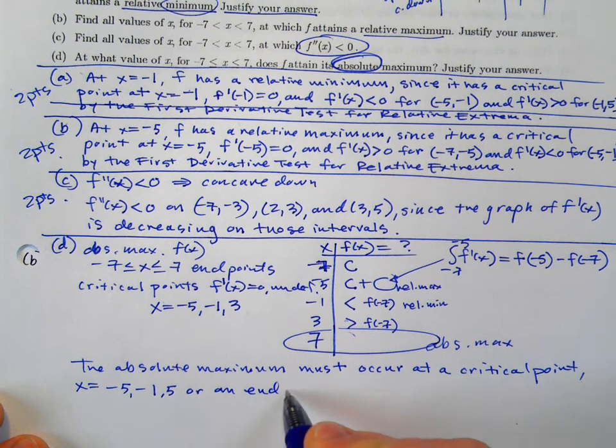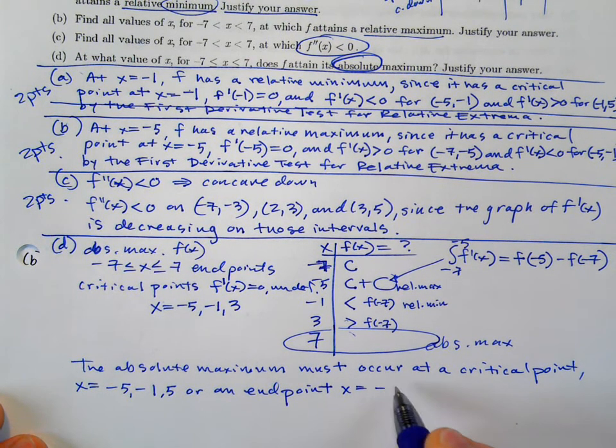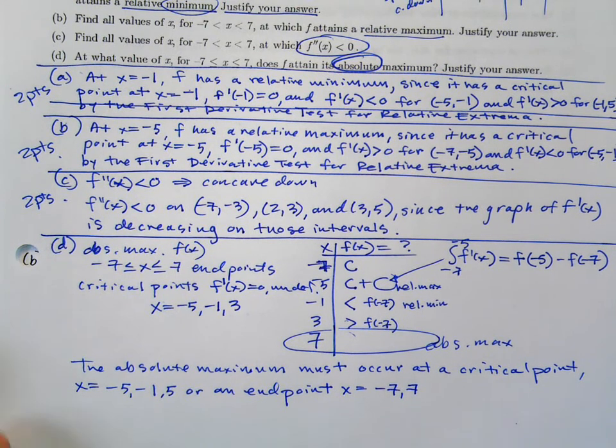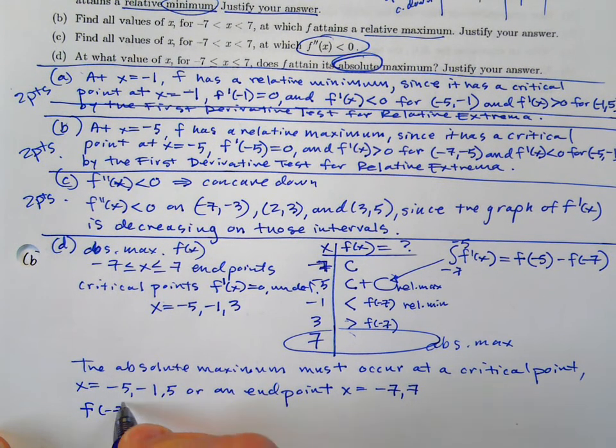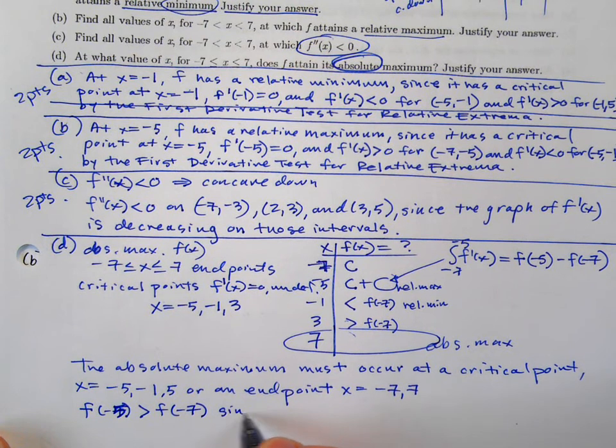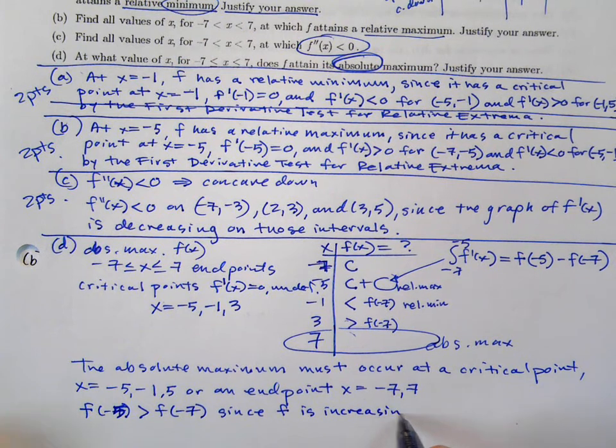So it might be good to state the places that you have to consider. And then we could say, well, f of -5 is greater than f of -7 since f is increasing, because the graph is going up. The derivative is positive, so the graph went up. So we definitely got to be higher there.